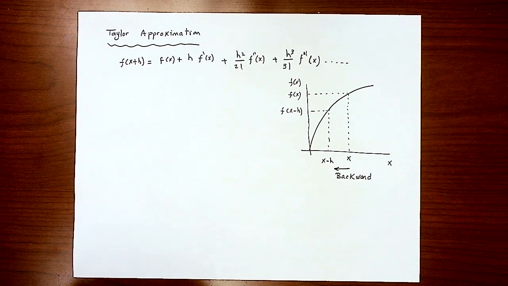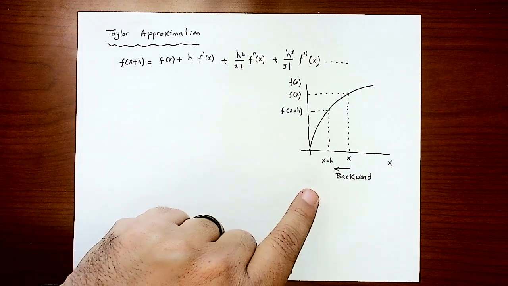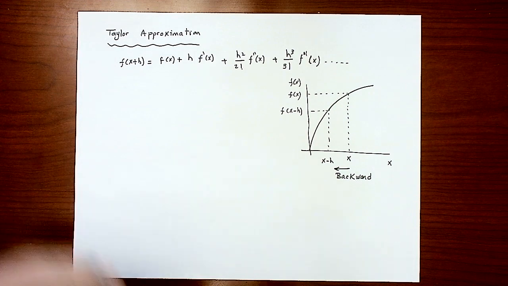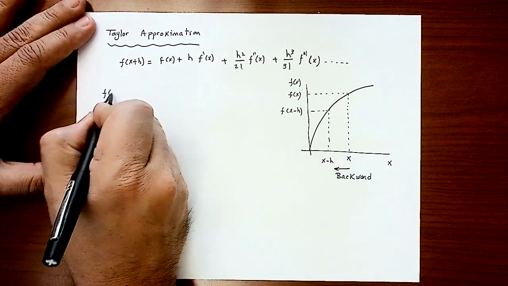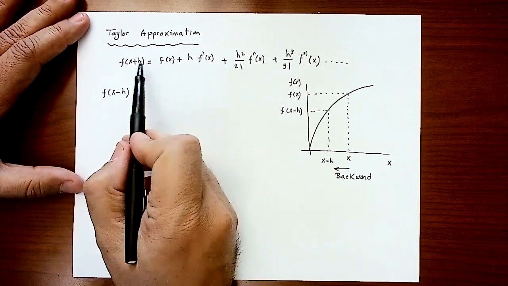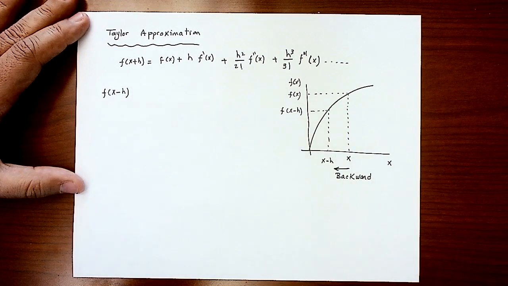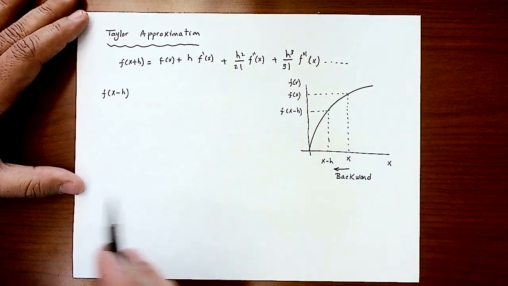So let's apply that Taylor approximation to get the value at x minus h. I'm going to say f of x minus h. You're going to replace every h in this equation by minus h. That's the simple way to use Taylor approximation to get that value.